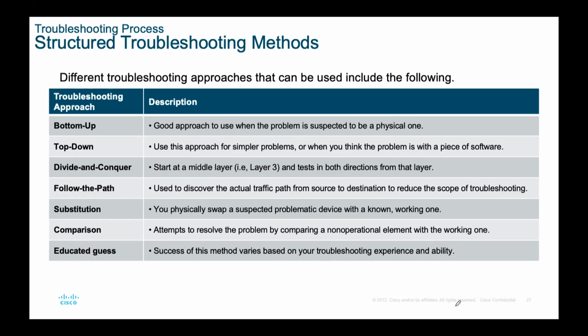Top down: use this approach for simpler problems or when you think the problem is with a piece of software. Divide and conquer: start at a middle layer, like layer 3, and test in both directions from that layer. Next, follow the path: used to discover the actual traffic path from source to destination to reduce the scope of troubleshooting.